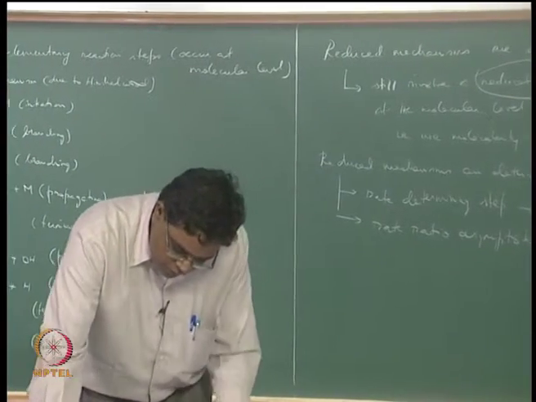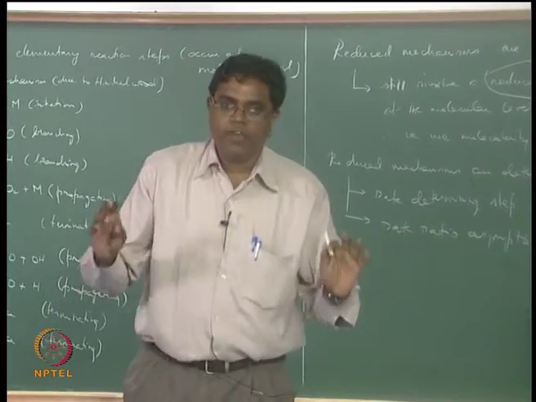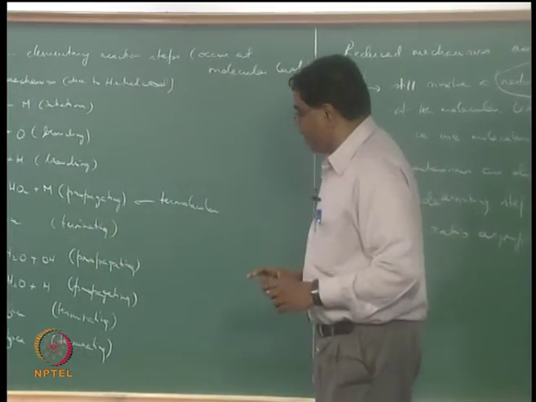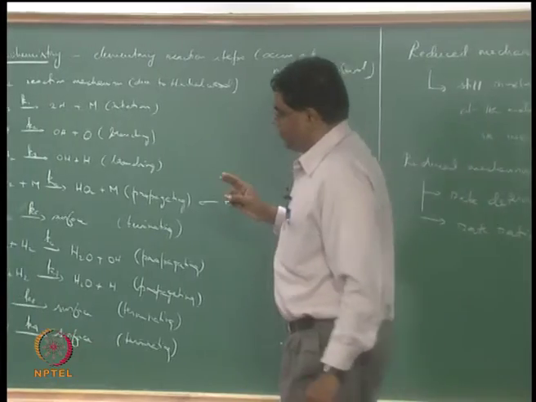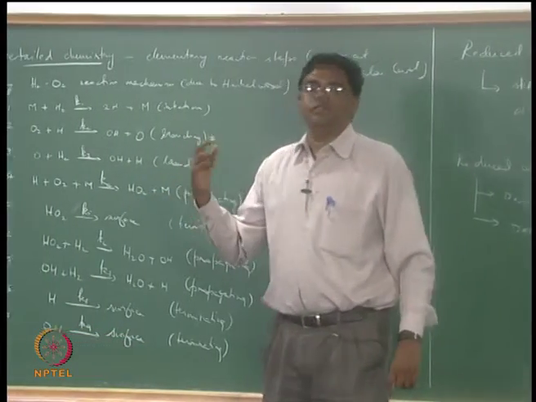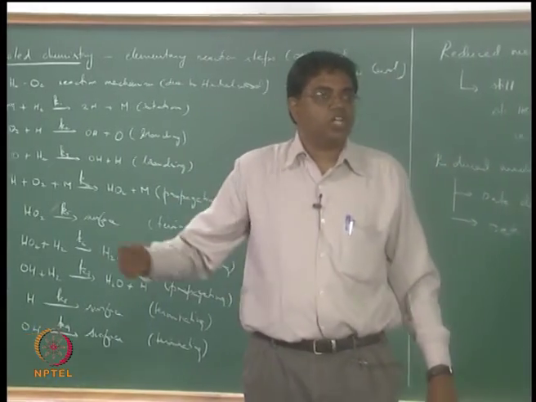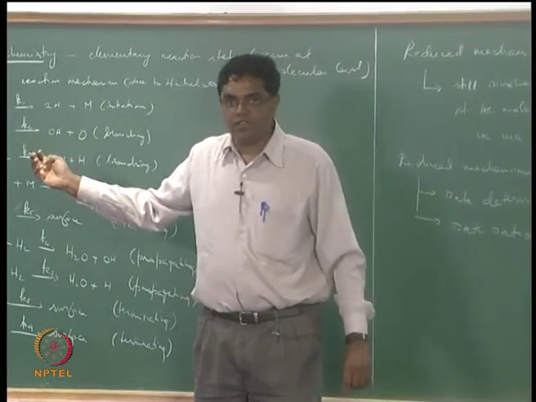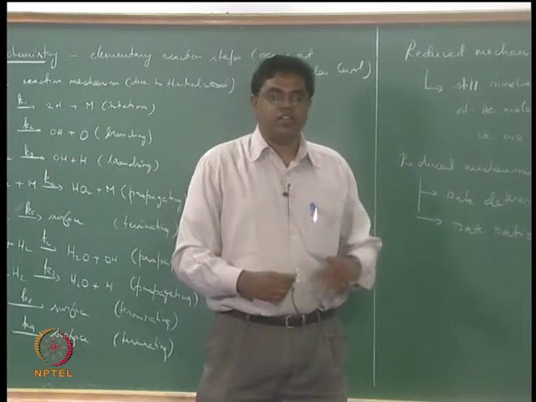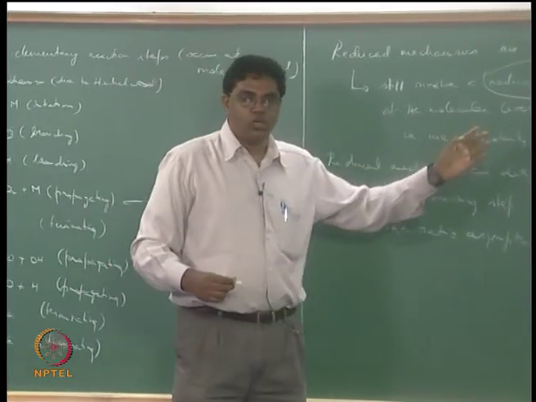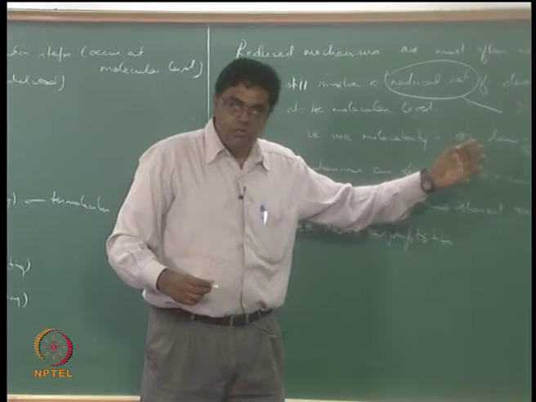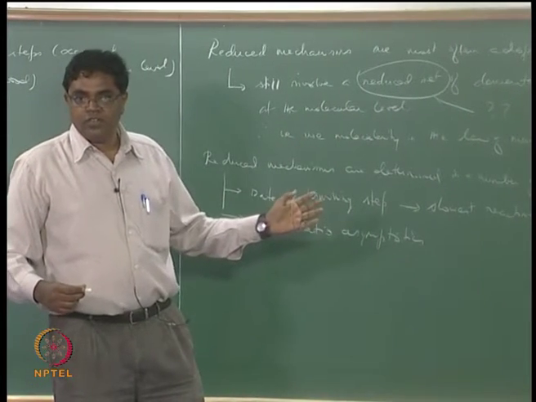So in what we have done, we have introduced a couple of ideas here. First of all, the right thing to do instead of adopting global reactions is to actually adopt reduced mechanisms, because the chemical reaction rates that you would want to write for the law of mass action would be less ambiguous.